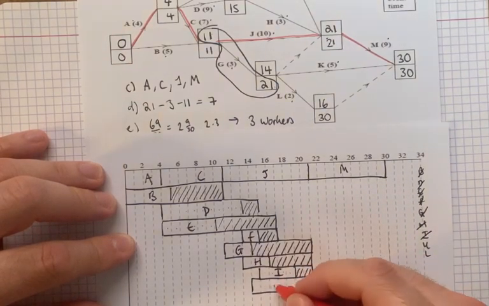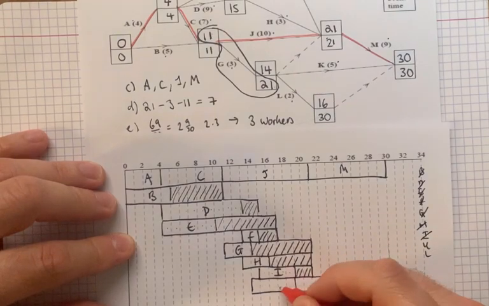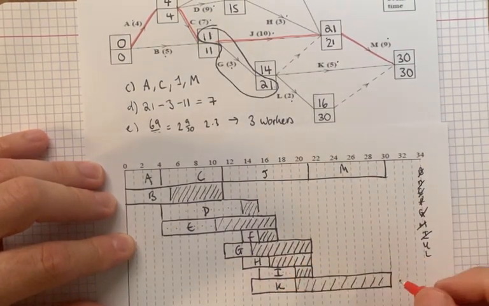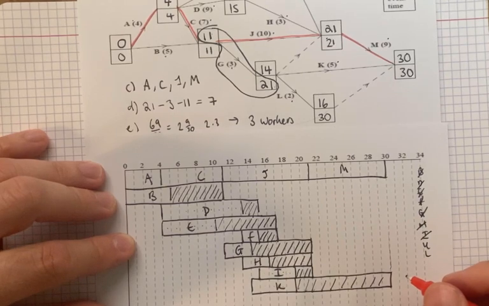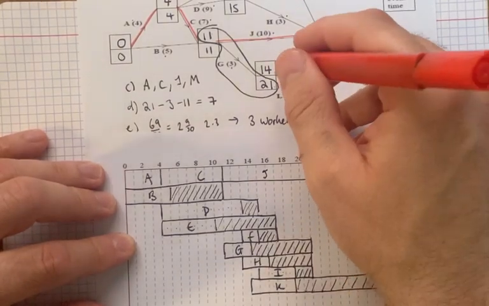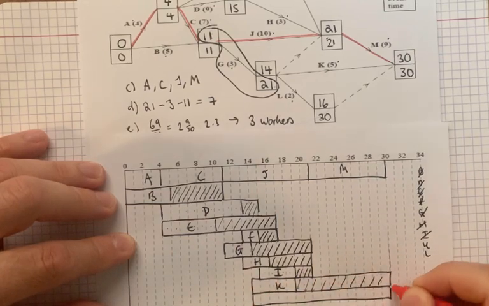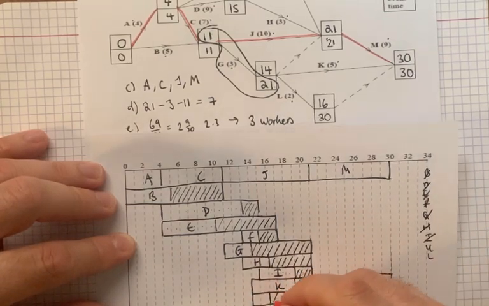That's 5. And then finally L, again 14 to 30. And just takes 2.